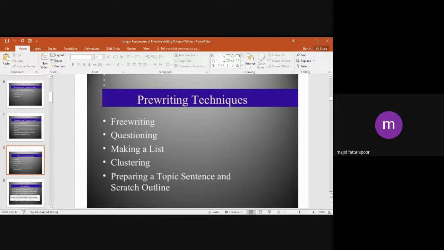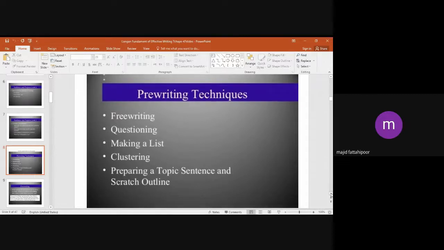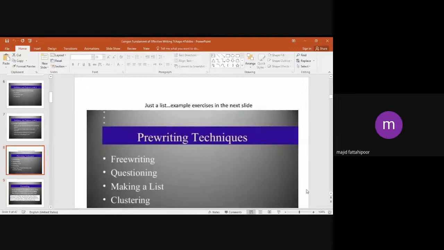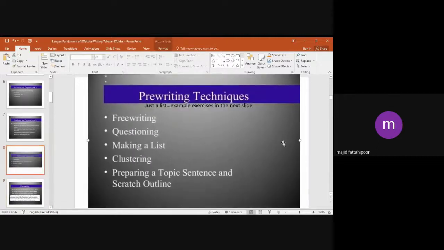For example, these 3 elements go to one group, those 4 other elements go to another group. Okay, so this is called clustering. And then finally preparing a topic sentence and a scratch outline. Scratch outline means just a beginner outline, okay? Because the outline can be improved through the process of writing. So these are pre-writing techniques we can use.